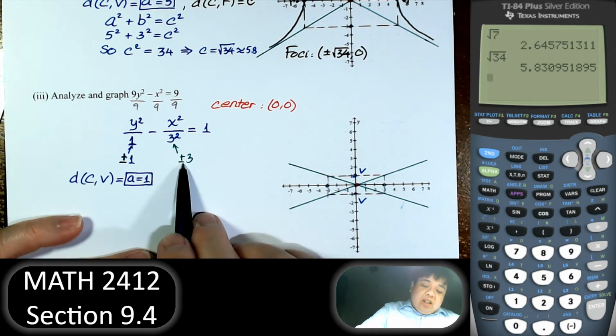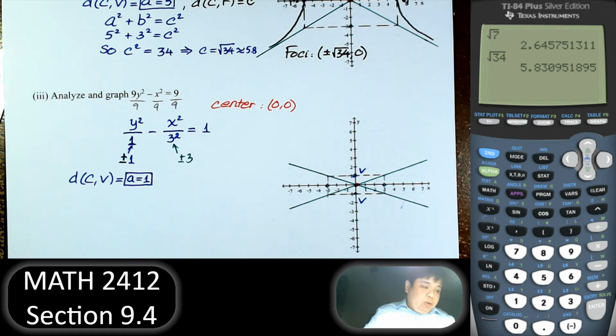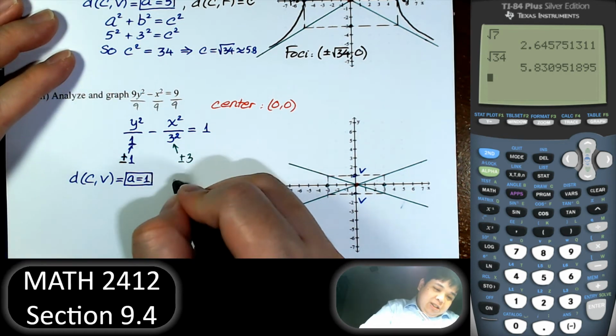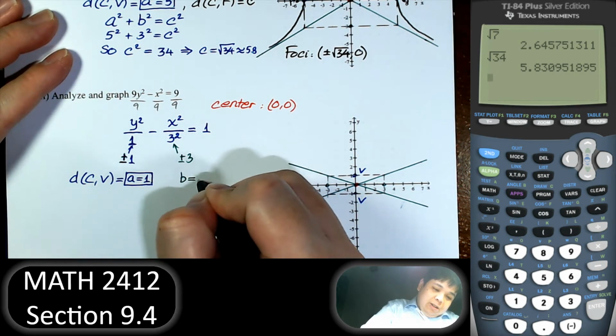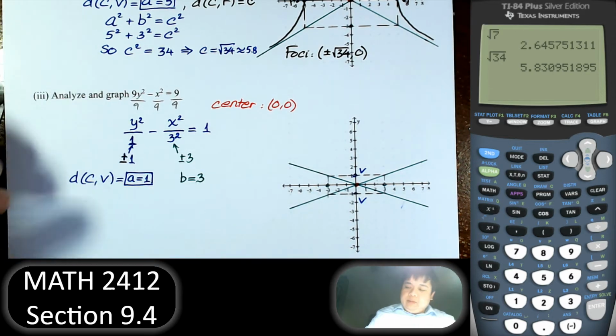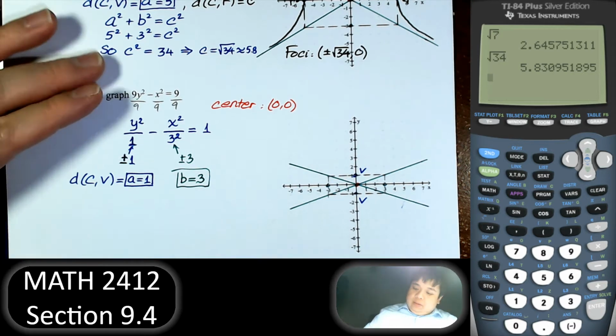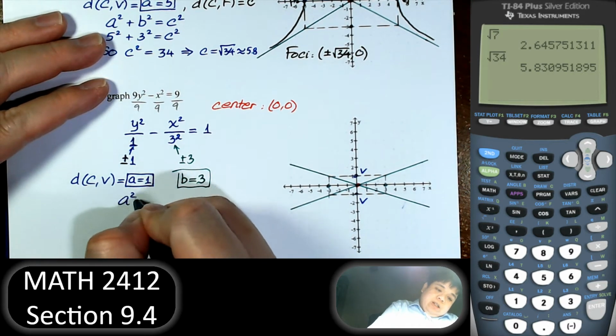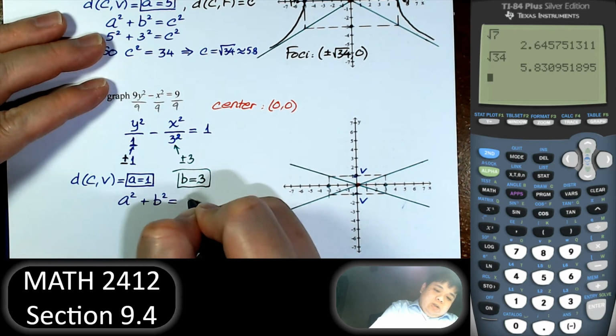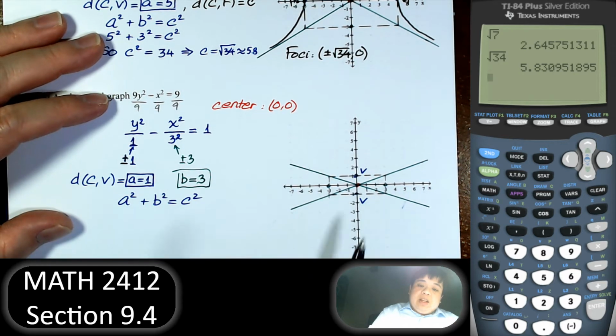And the other distance is 3, so b is going to be equal to 3. And then we just need to find c. a squared plus b squared equal to c squared, because c is the biggest distance.